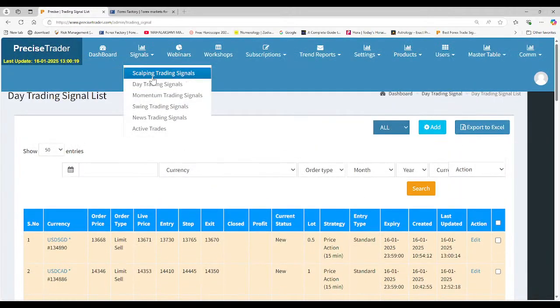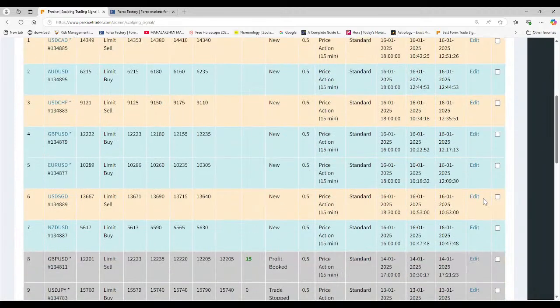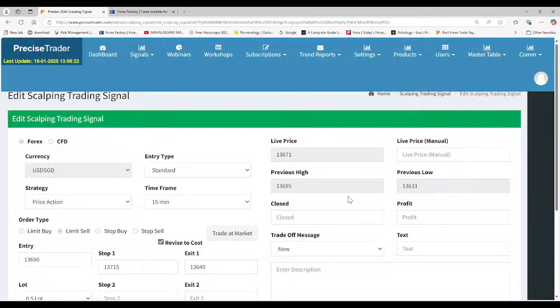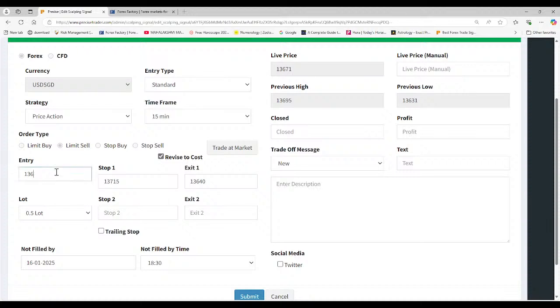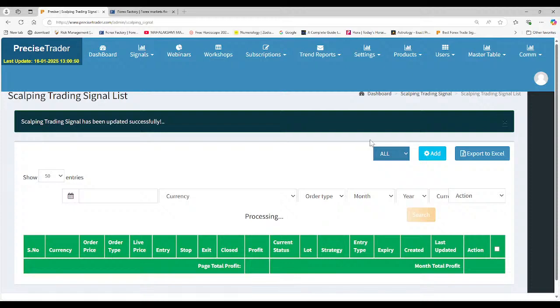And this 36.90, we'll change to 37.05. Again, we want to exit before 36.70. This one I think we'll give until 1800 hours.